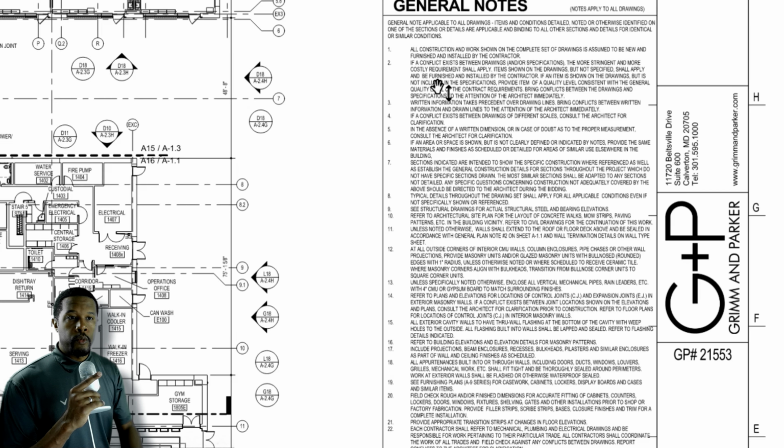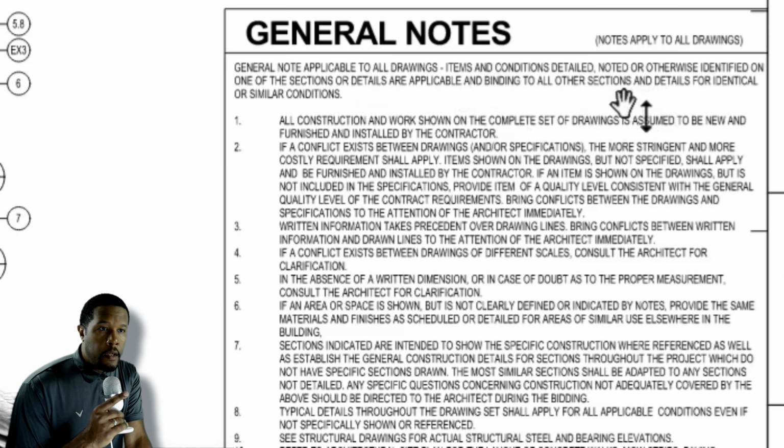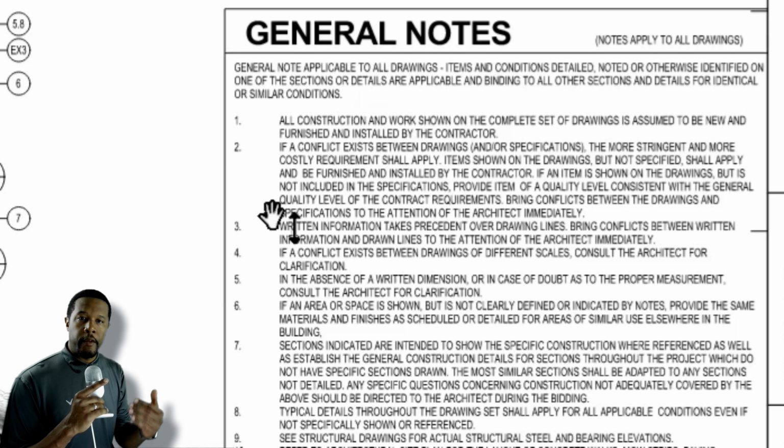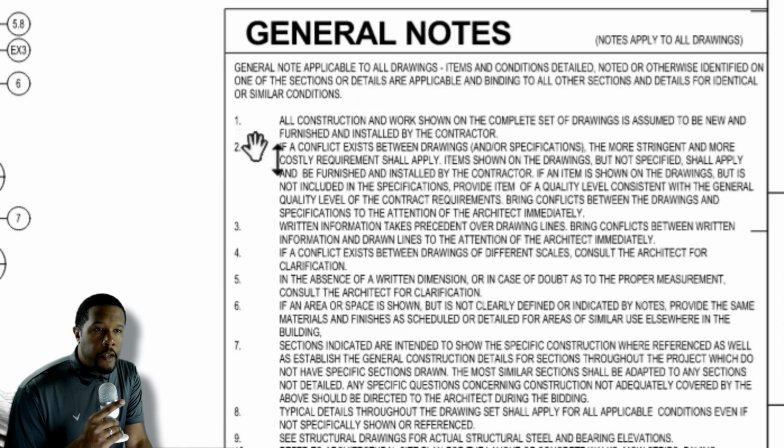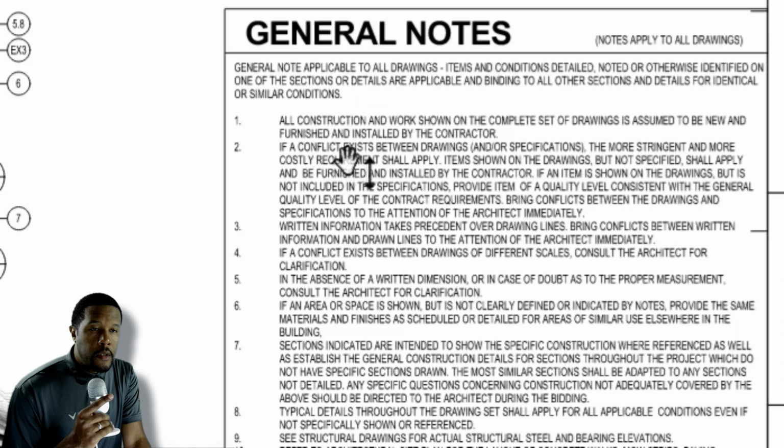Lastly, let's look at the general notes before we leave this sheet. In parentheses, it says notes apply to all drawings. So that's why they're called the general notes. And it even tells you general notes applicable to all drawings, items, and conditions detailed, noted or otherwise identified on one of the sections or details are applicable and binding to all other sections and details for identical or similar conditions.